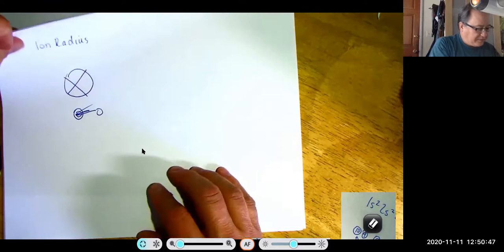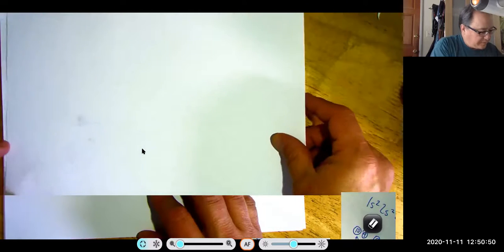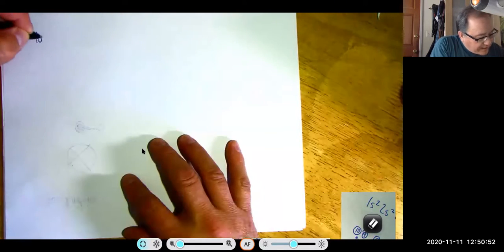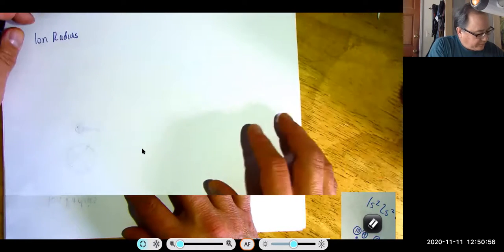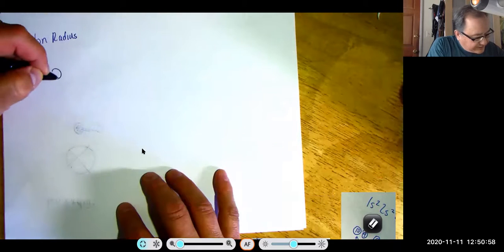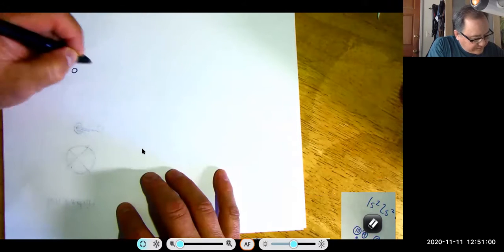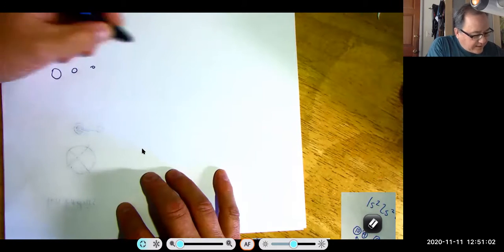I'm just going to start over. When we look at ion radius, it goes like this, and then like this.